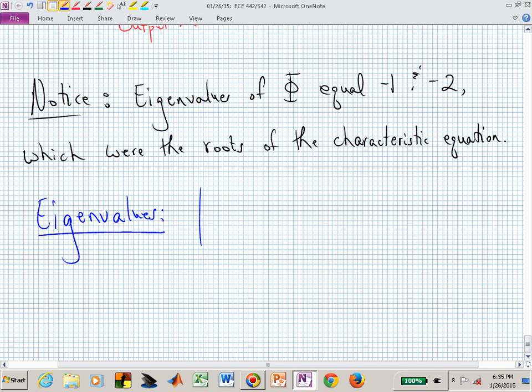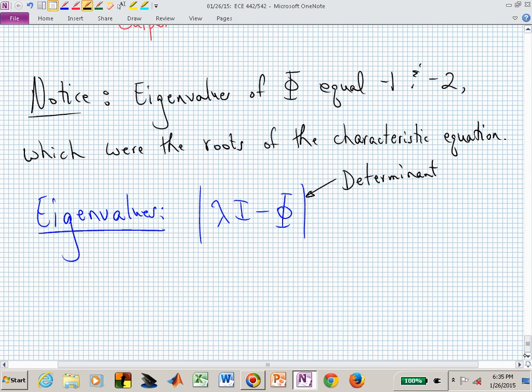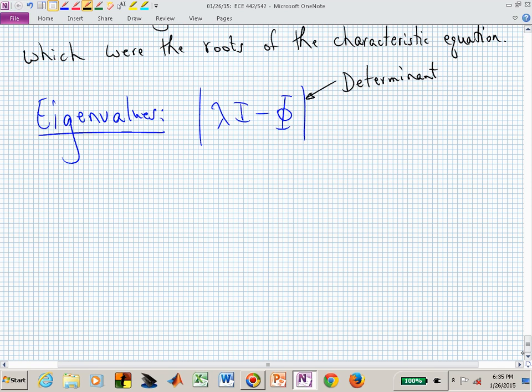The eigenvalues of a matrix can be found by looking at the determinant. That's what these vertical lines mean. The determinant of lambda I minus phi. In our case, we know what phi is. I is an identity matrix that has to be compatible with that phi matrix.